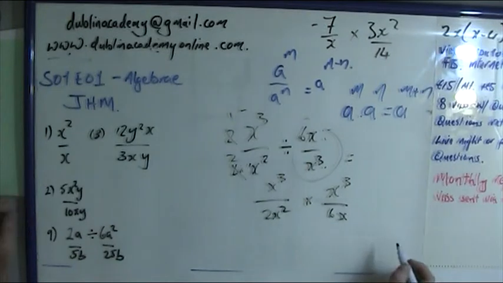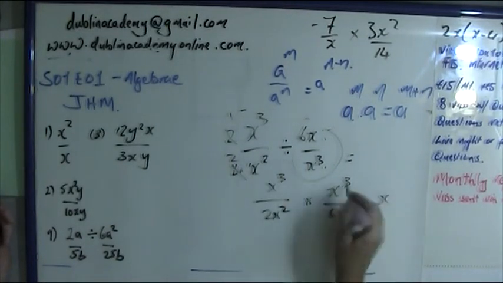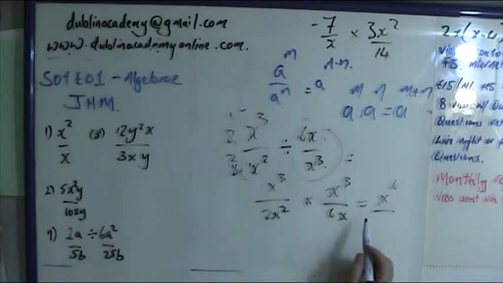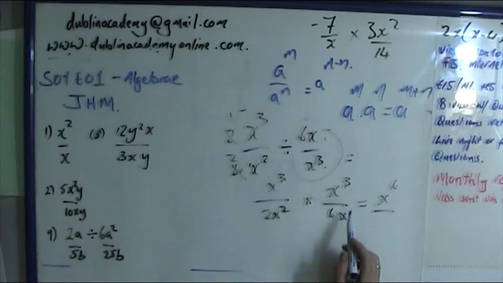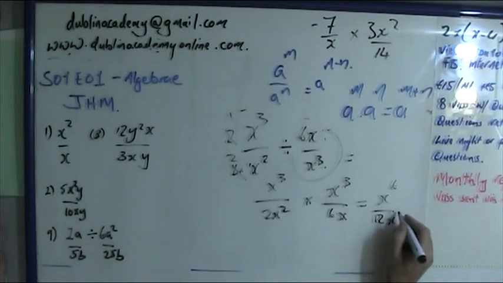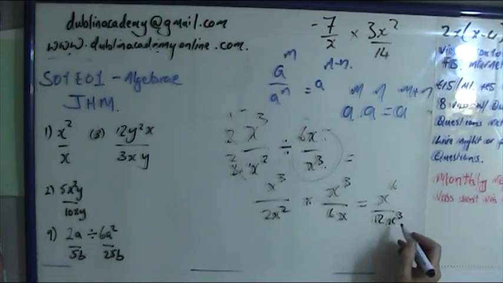Okay, over 6x. And I multiply across the top. X by, well, okay, we have to add the powers because we're multiplying. 3 and 3 is 6. Do we have a minus here? No, we don't. So 2 6s are 12, x by x is x cubed, x squared by x is x cubed, so we've got 12 times x to the power of 3. Now we can further reduce this.